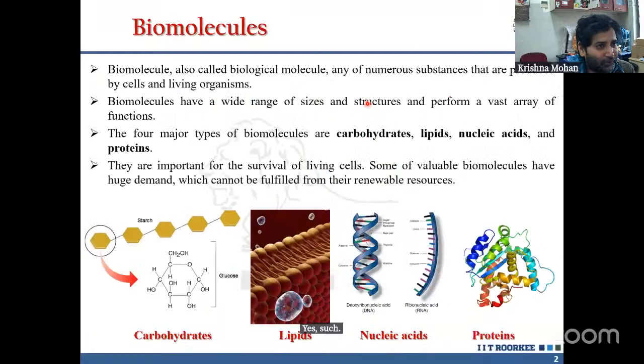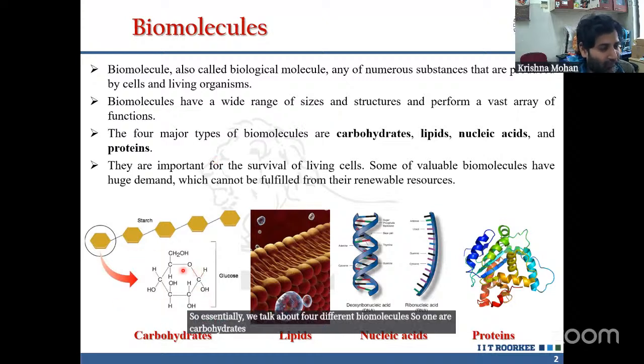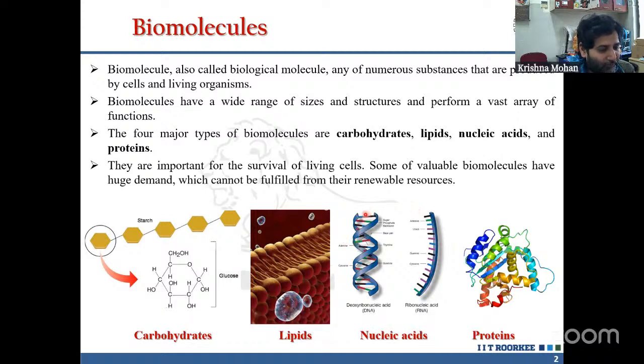If we talk about biomolecules, essentially we talk about 4 different biomolecules. We will learn a little bit of introduction about all these biomolecules, so that when we go through these characterization techniques, we have a little knowledge about them. We classify them into 4 different groups.